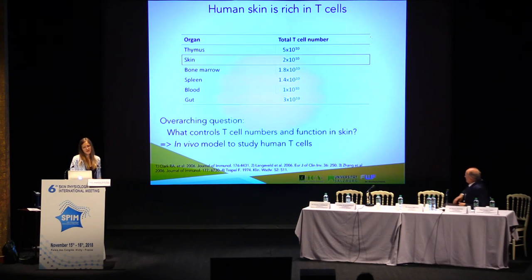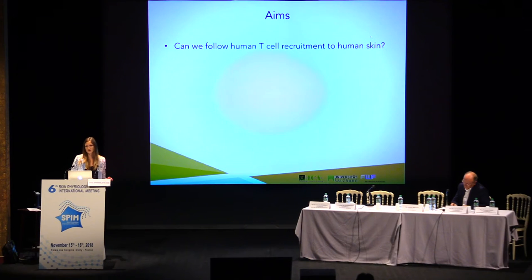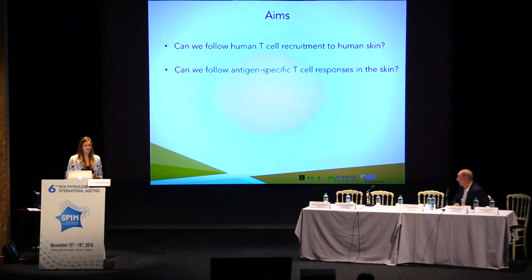So therefore, I set out to develop this humanized mouse model to study human skin in vivo. When I started to think about the model, I had some aims in mind that I wanted to fulfill. First of all, we wanted to be able to follow human T cell recruitment to the human skin tissue in steady state, meaning in the absence of any inflammation. Furthermore, we wanted to see if we can elicit and also follow antigen-specific T cell responses in this human skin tissue.